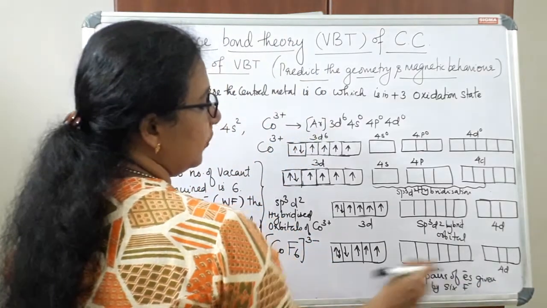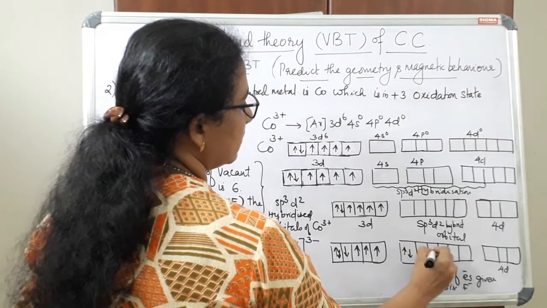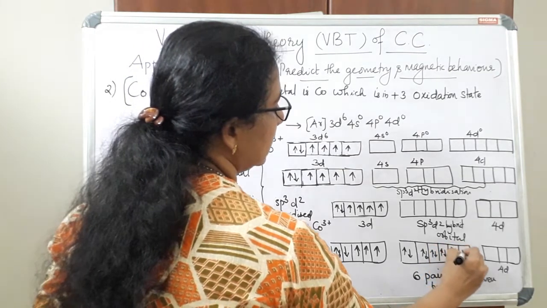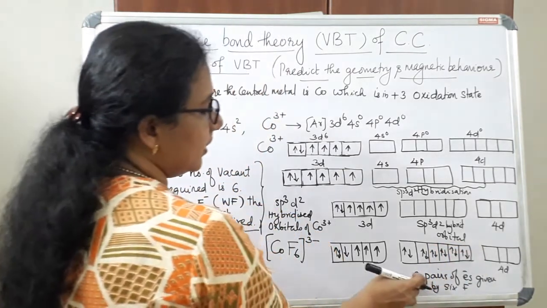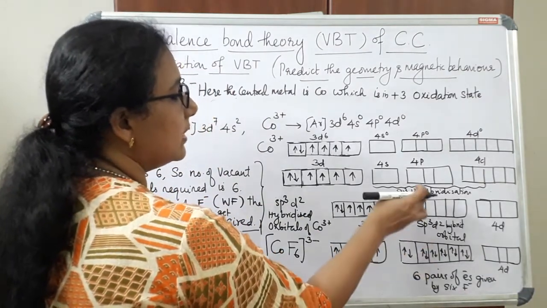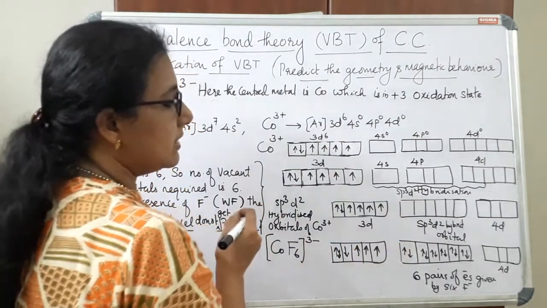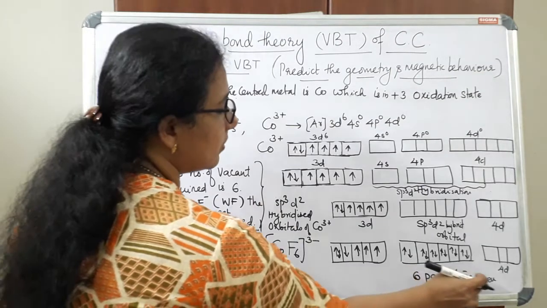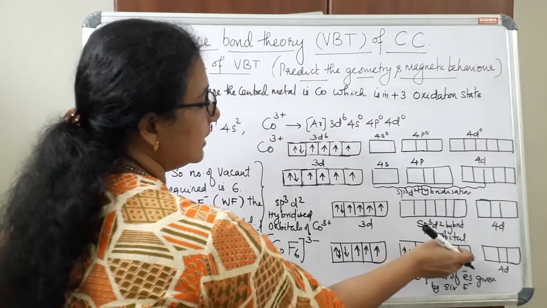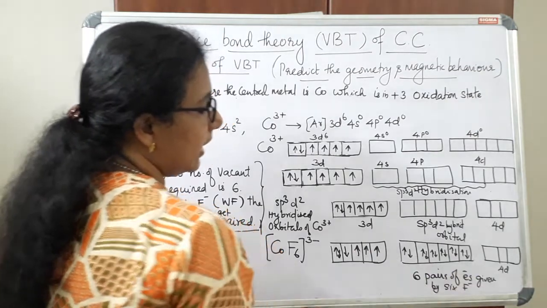Each fluoride ion gives 1 pair of electrons, so a total of 6 pairs of electrons are given by these 6 ligands. The overlapping of the filled orbitals of the ligand and the vacant orbitals of the metal takes place, and the complex is formed.